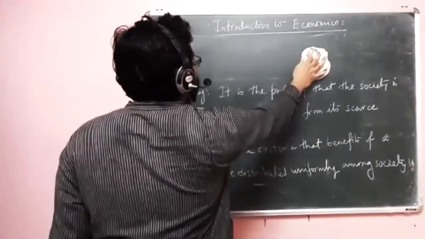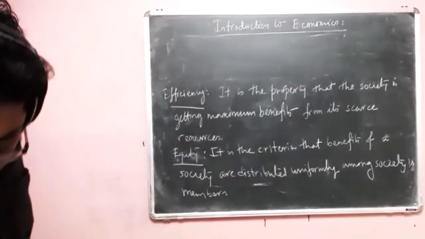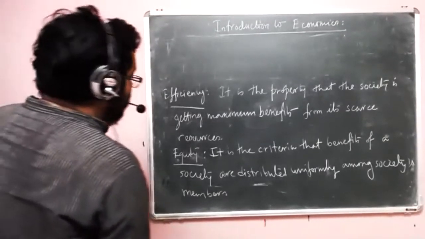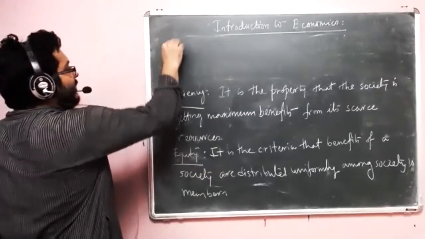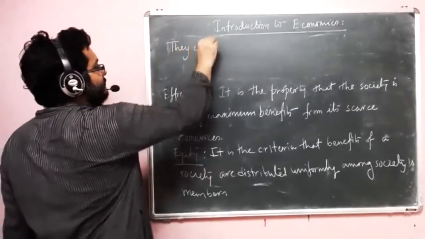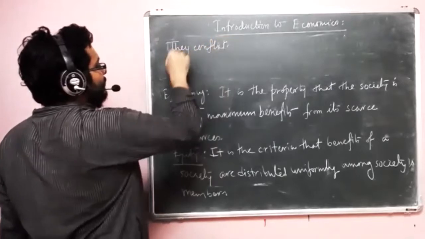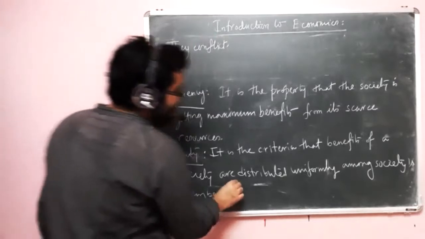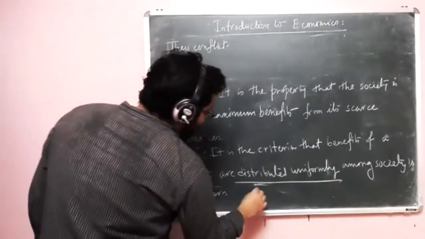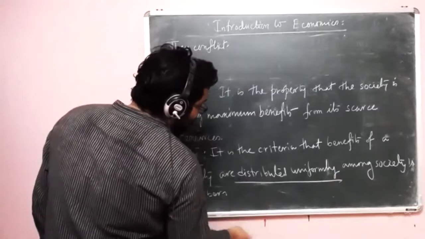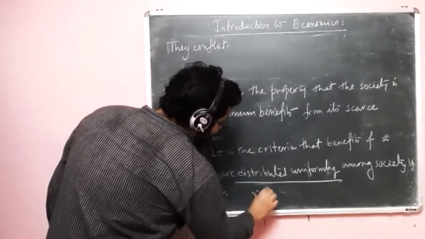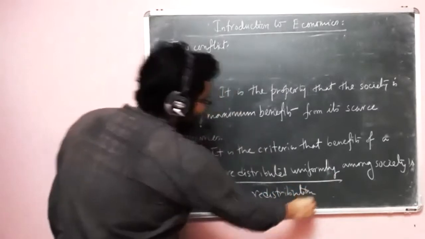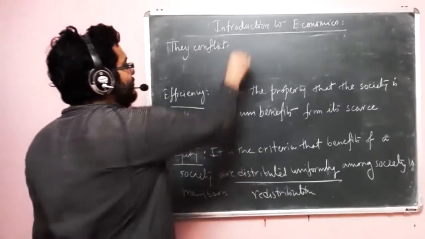Now, this is the kind of trade-off which is the most relevant because they conflict. And why? Because this distributed uniformly has this idea of redistribution. Okay. All right. And this redistribution, what does it mean?